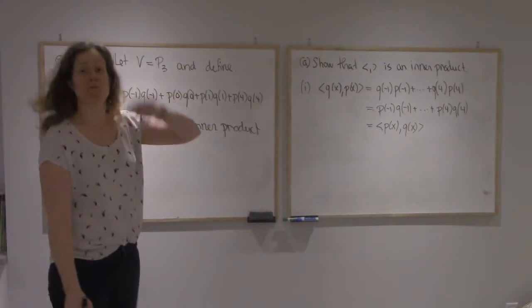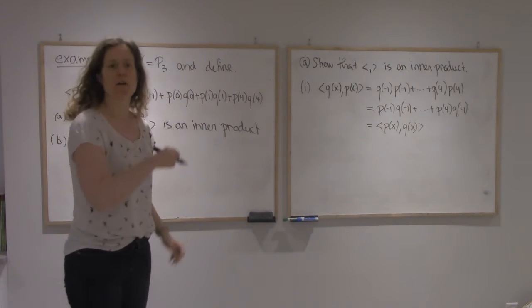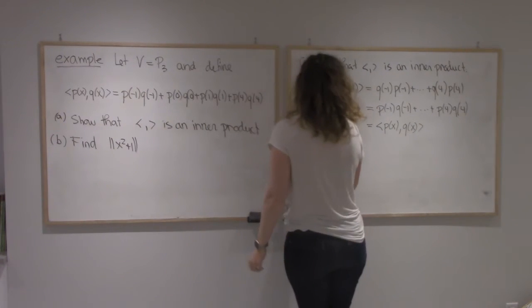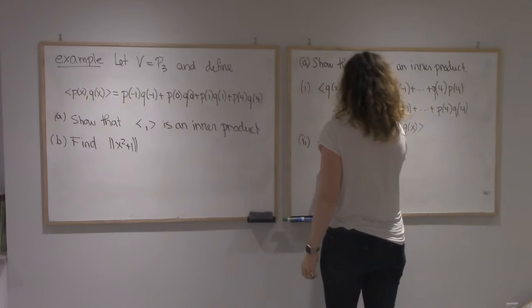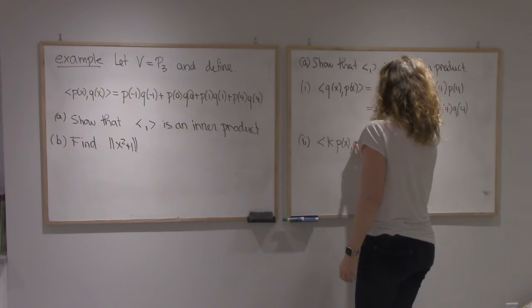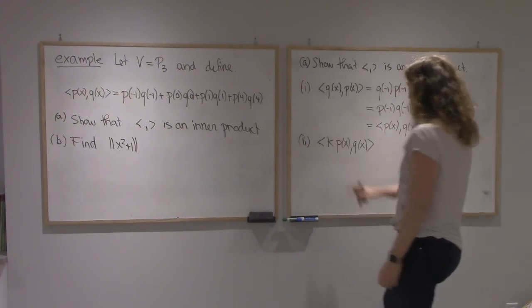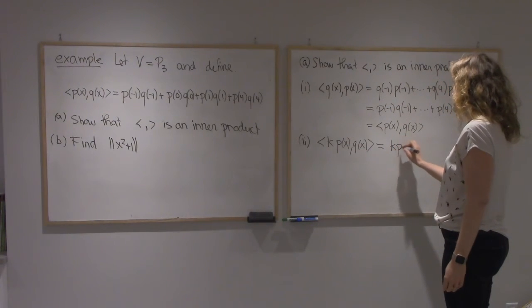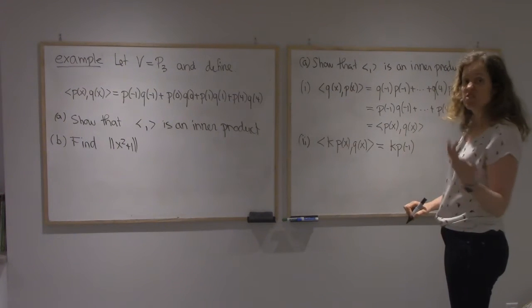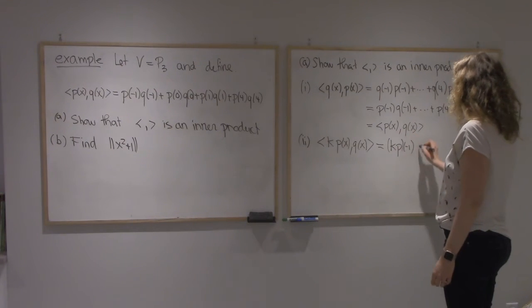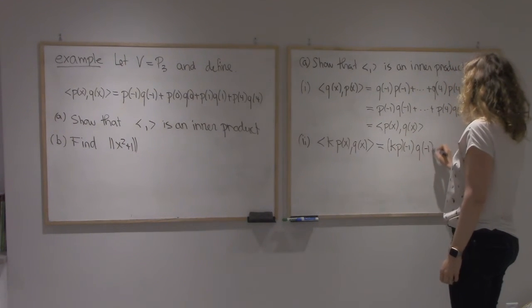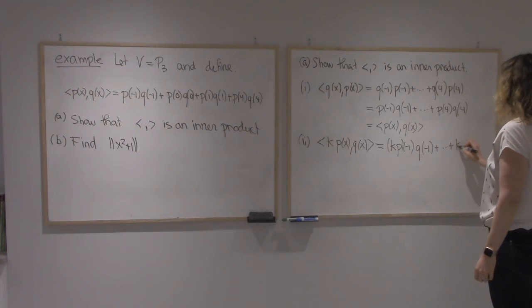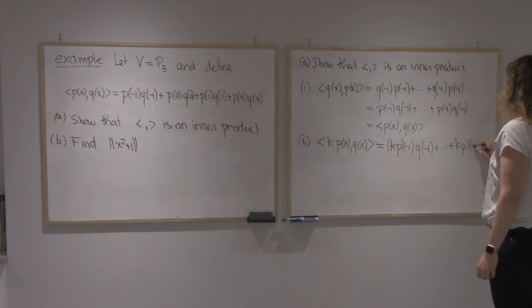Second property: if I multiply one of them by k, the k can come out of the inner product. So let's try this. If I multiply P by k, I'm going to get kP of minus 1 instead of just P of minus 1, Q of minus 1, and then kP of 4, Q of 4.